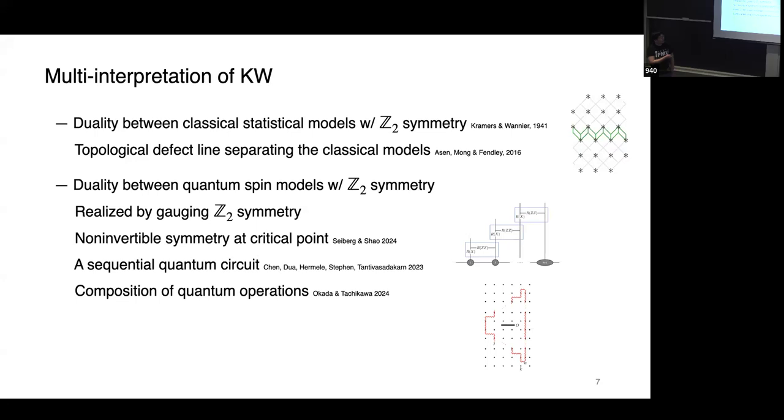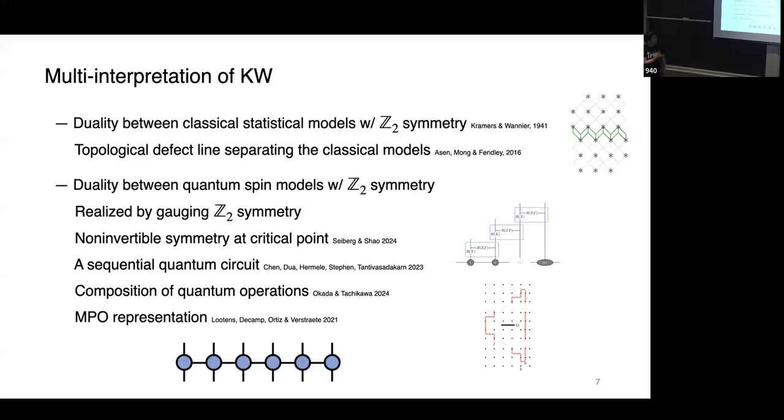You first add an ancilla qubit here, and you can have a fusion of two non-invertible operators. You do some local unitaries to move them apart, and then you act the operator O, and then you move them together. And finally, you do a measurement. Then you get the action of the non-invertible operators. And all the steps can be realized as quantum channels.